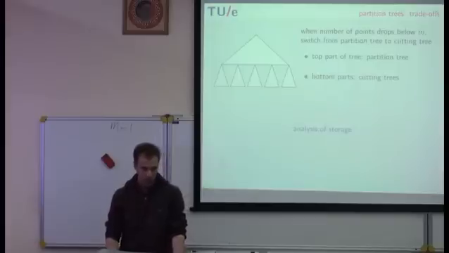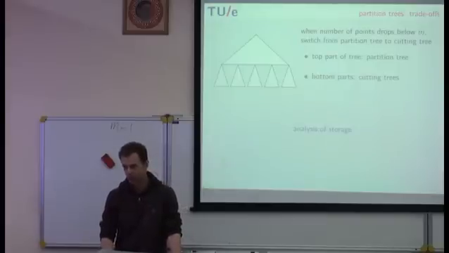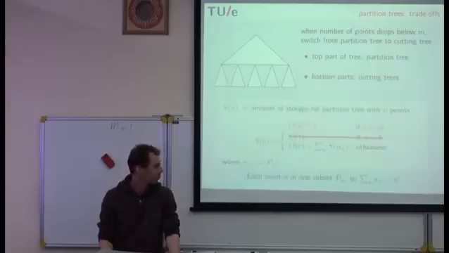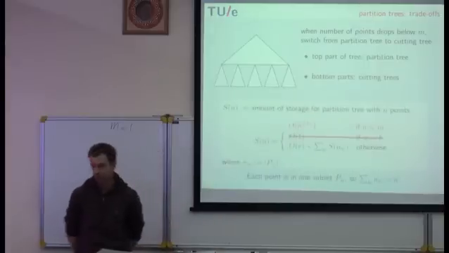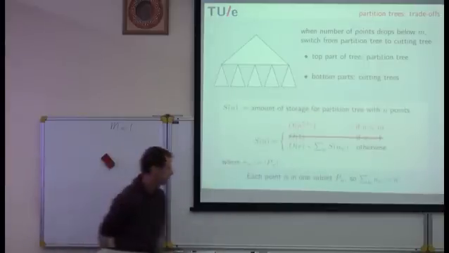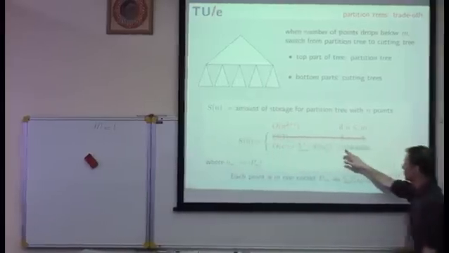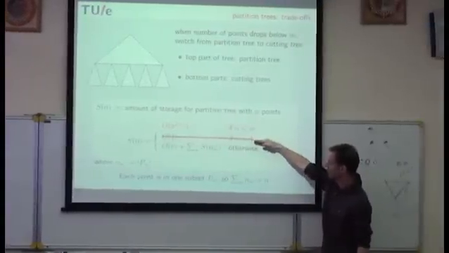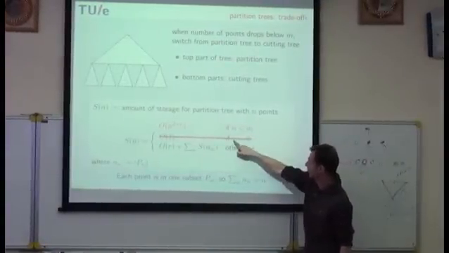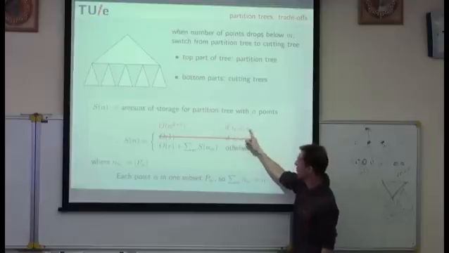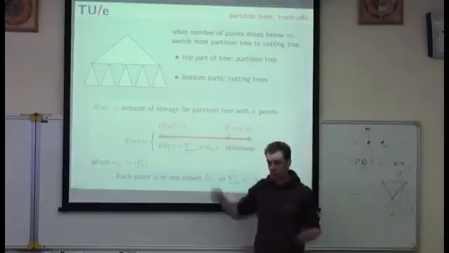So how can we analyze it? Well, the complicated way is to write another recurrence. I had my old recurrence, but now the base case is not when n equals 1, but when n equals m, and then I have this bound.